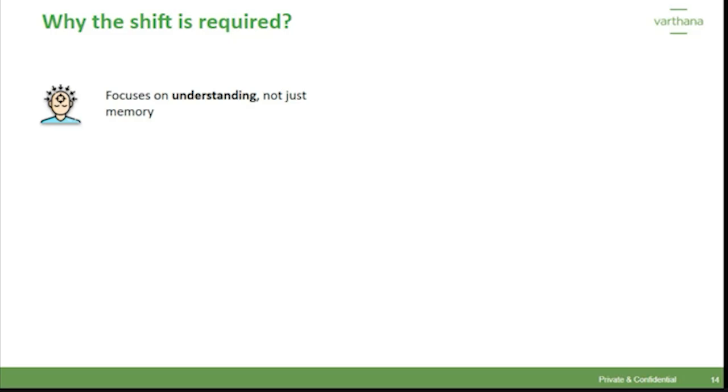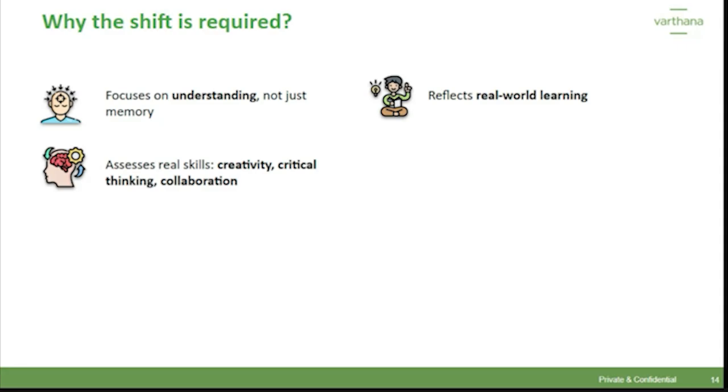It goes beyond the pen paper test. It also reflects real-world learning, as sir was also mentioning, connecting with real-world scenarios by asking students to apply their knowledge to authentic tasks. And it also assesses real skills like creativity, critical thinking, and collaboration.